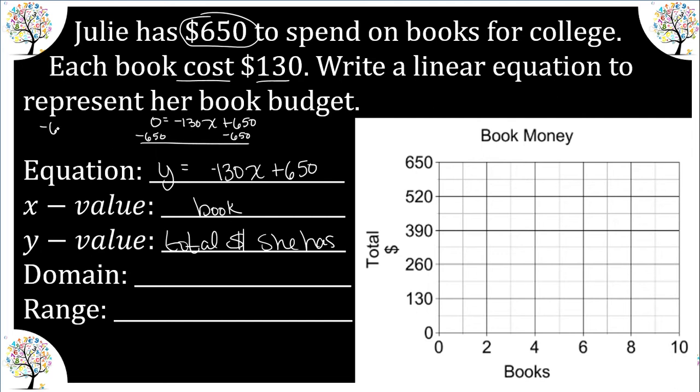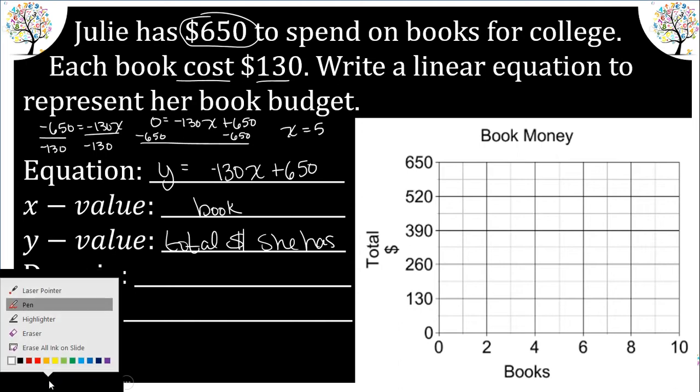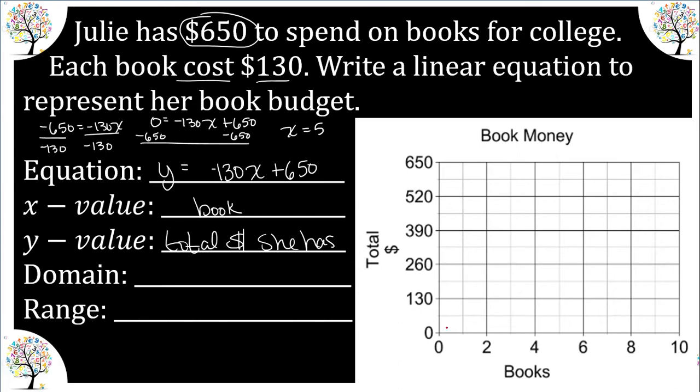This leaves us with negative 650 equals negative 130 times x, divide by negative 130, and x, books, is going to be 5. So let's look at our domain and range, but let's graph our function first. At 0 books, she has $650. When she has 0 money, she can buy 5 books.